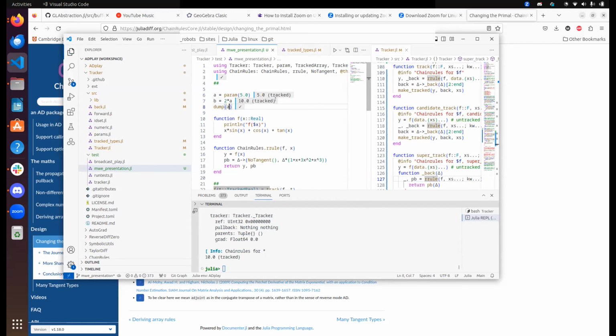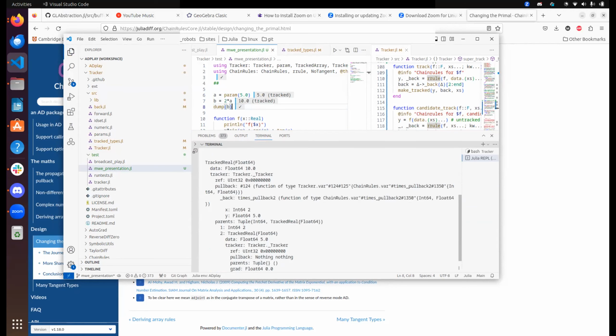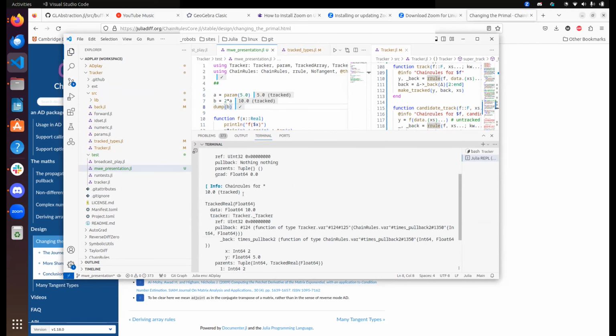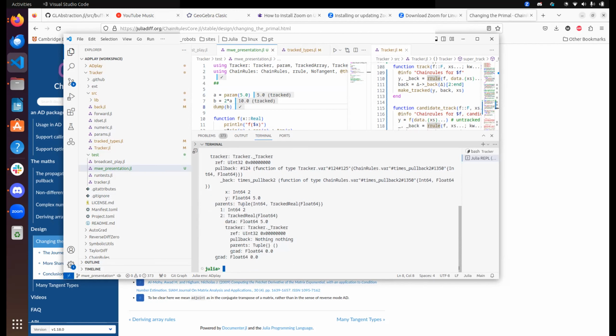We run this and we can dump B this time, and we see that inside B, B is a TrackedReal, and we have 10 inside it. Of course, it is the data, and we have the tracker information, the pullback, and the parents. The parents are 2 here, an integer, and A basically.